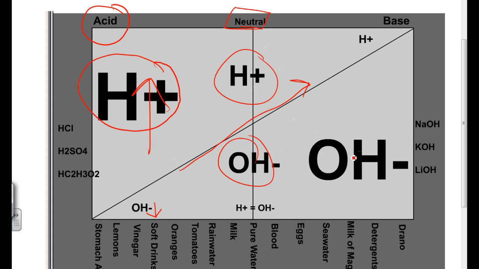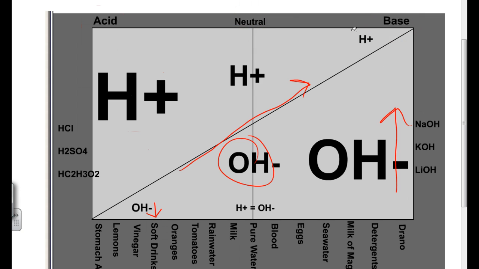Because if I keep going, now the OH dominates, and there's very little H plus, and that makes it basic. Okay, you can ignore all of the lines that I did, but you should hopefully make sure you understand that. Acids, big H, little OH. Neutral, they're the same. Bases, big OH, little H plus.